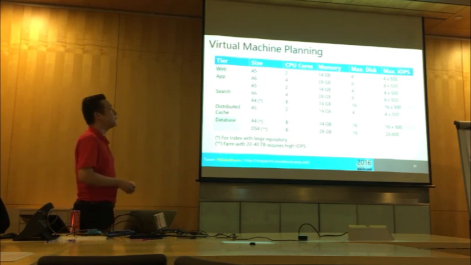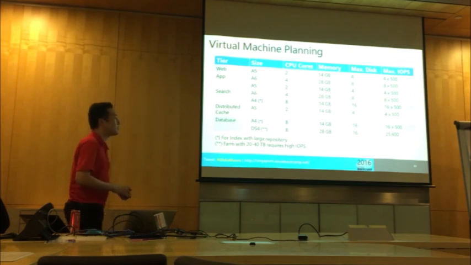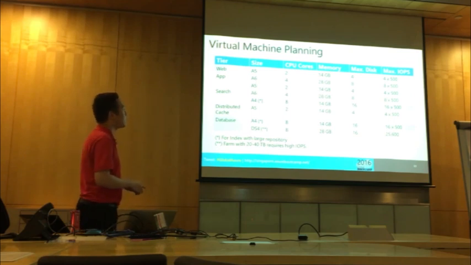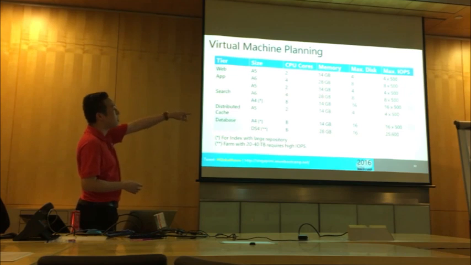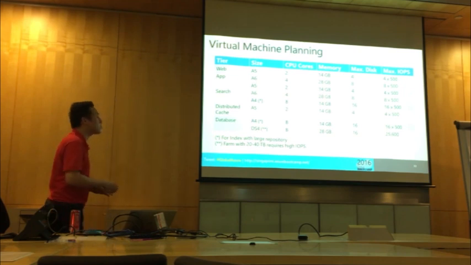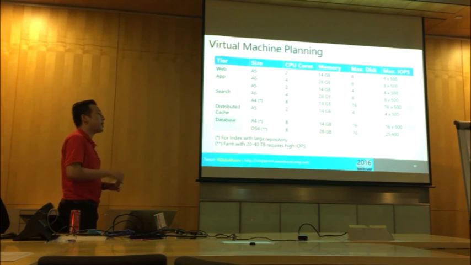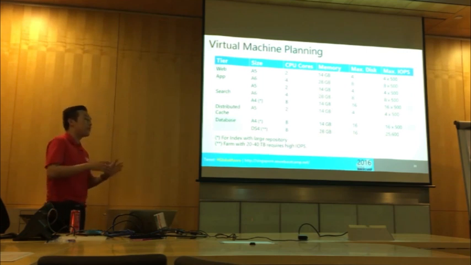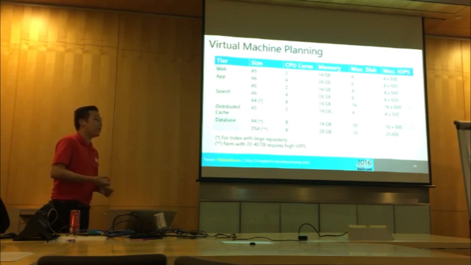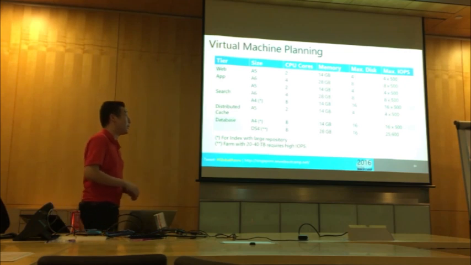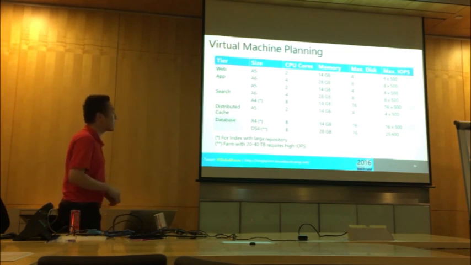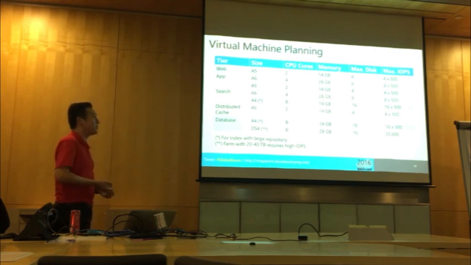The maximum IOPS that I can achieve is 4000, which is 500 multiplied by the maximum number of disks, 8. Search requires pretty high IOPS, and if you have a farm hosting a big repository of data, the index file and the crawl database may require more IOPS. For distributed cache, I would recommend using A5.